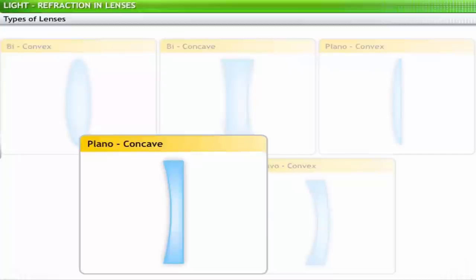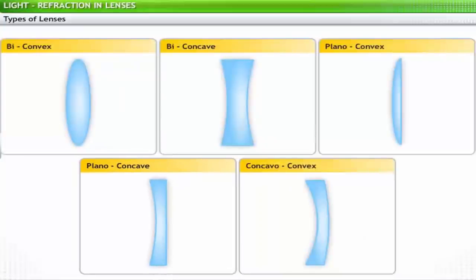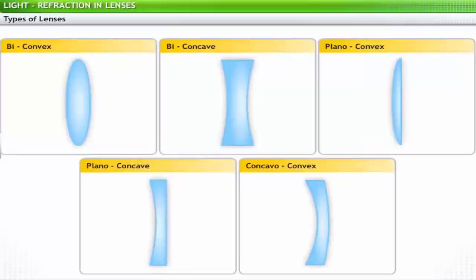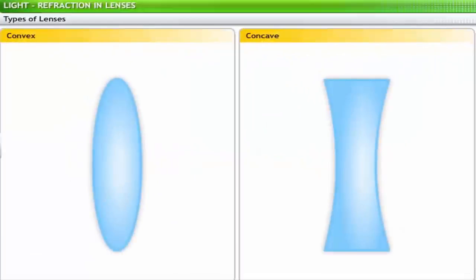A plano-concave lens is the one that has a concave surface on one side and a plane surface on the other. A concavo-convex lens has a concave surface on one side and a convex surface on the other. Convex and concave lenses are important as they are more commonly used than the other types of lenses. We will focus on these 2 types of lenses in our study.